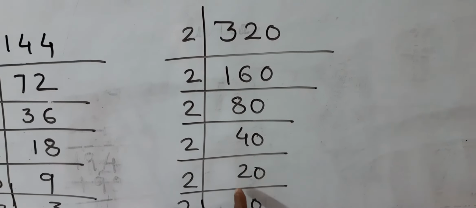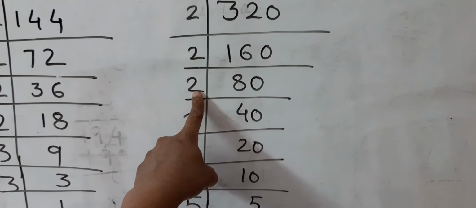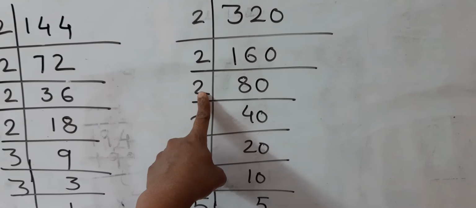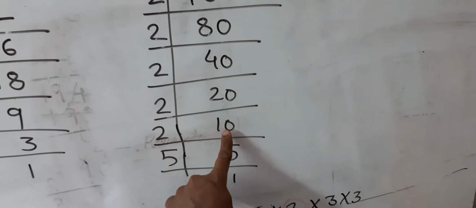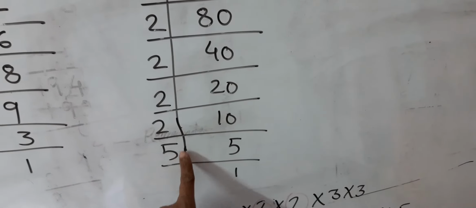As it is an even number, we will continue with 2 only, because 2 is the smallest prime number and we are finding the prime factorization. 80 divided by 2 is 40, then 20, then 10, and 5 will be divided by 5, so 5 ones are 5. We are writing the quotient below. These are the prime factors of 320.